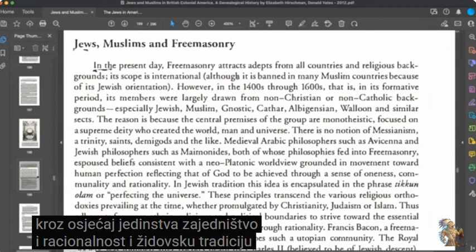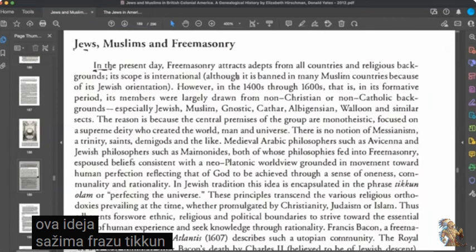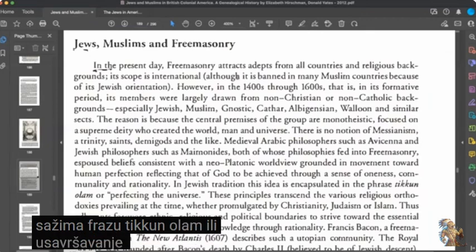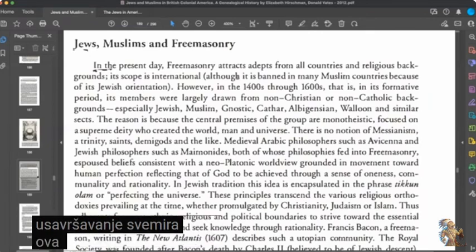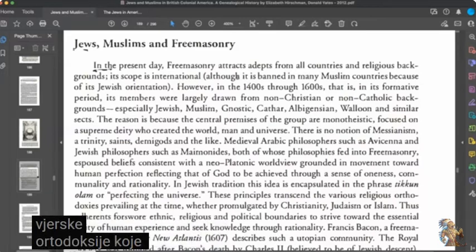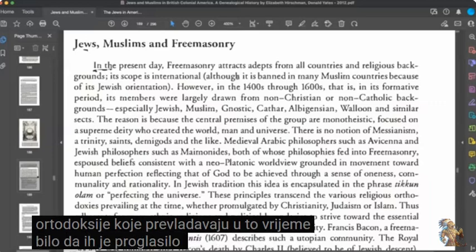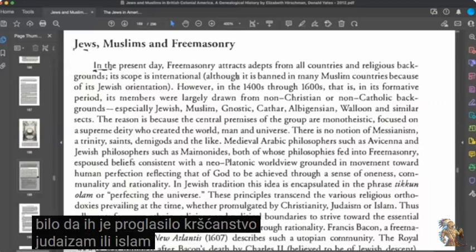In Jewish tradition, this idea encapsulated the phrase tikkun olam, or perfecting the universe. These principles transcend the various religious orthodoxies prevailing at the time, whether promulgated by Christianity, Judaism, or Islam.